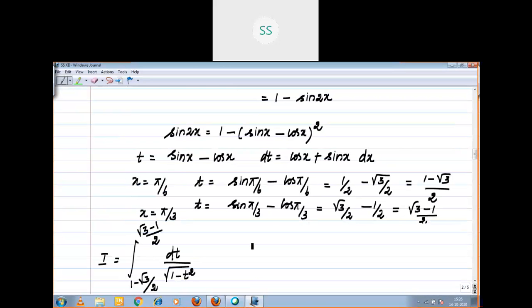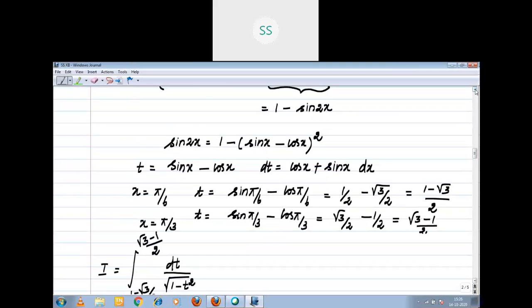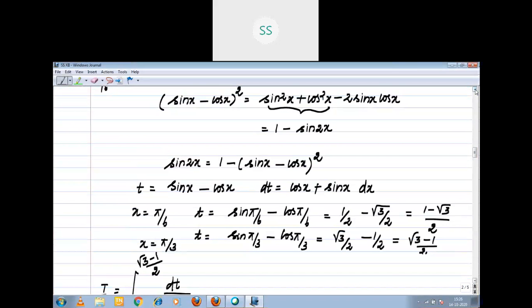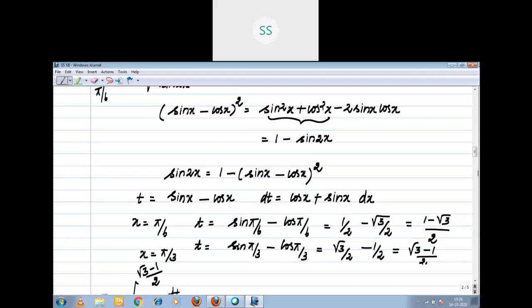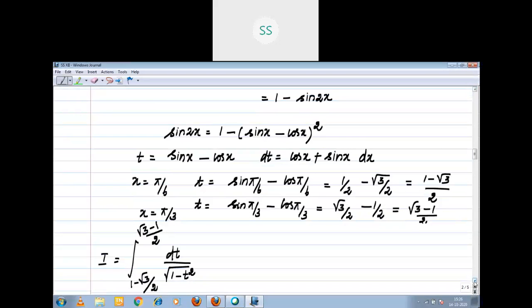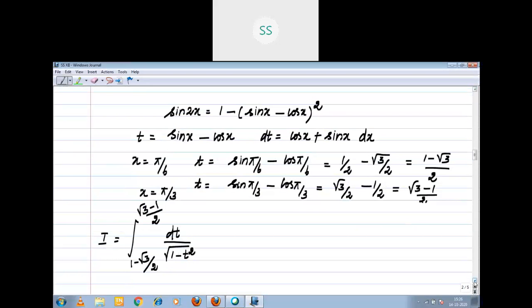The denominator can be replaced by square root of 1 minus t square. Got it, children? Sin 2x equals 1 minus (sin x minus cos x) the whole square. So, square root of sin 2x means square root of 1 minus t square.